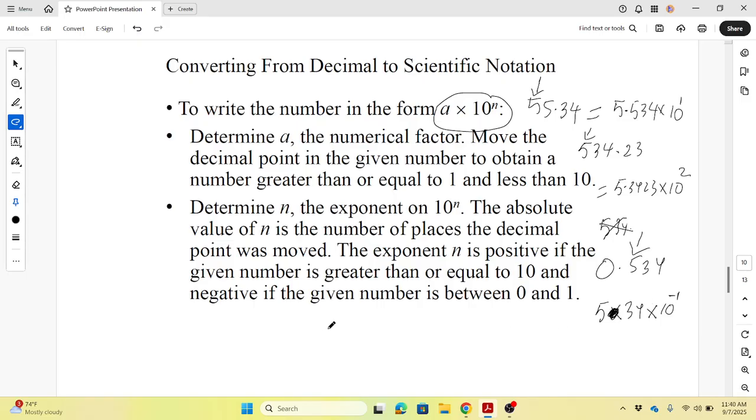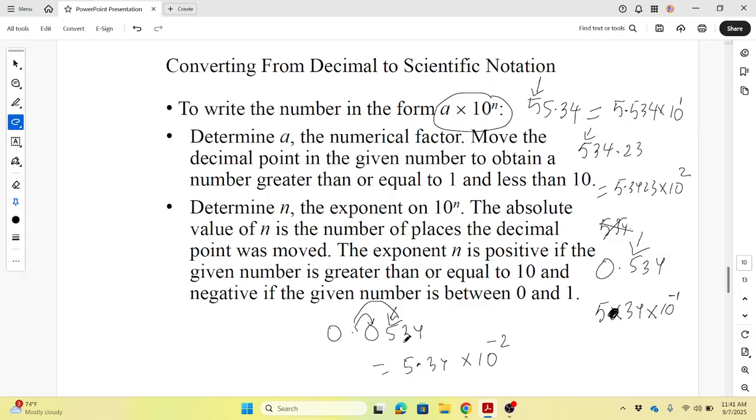For example, let's say you have 0.0534. Again, your number is supposed to be 5.34. And to do that, we move this decimal 1, 2 positions to the right. After 2 positions, we put the decimal. So that's the reason it would be negative 2.